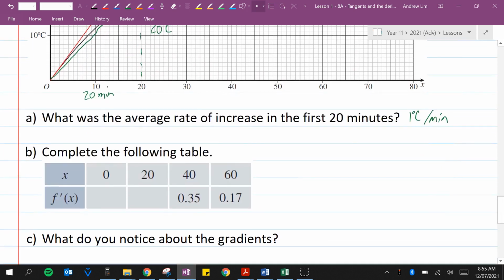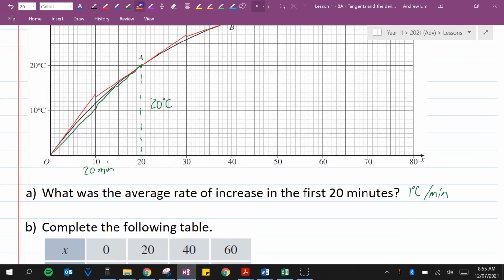So we're going to complete this following table. We just want to find the gradients, because this is the gradient, f dash of x, when x is 0 and when x is 20. So, when x is 0, we're using this red line. I'll probably just say it's up to there.